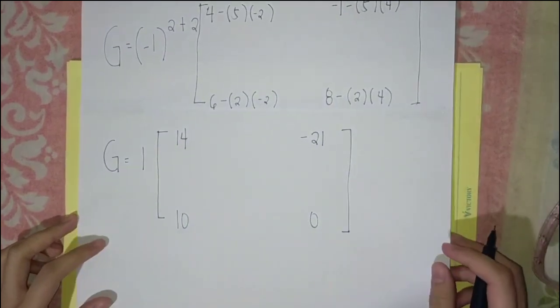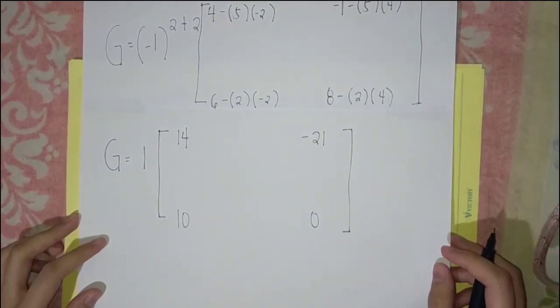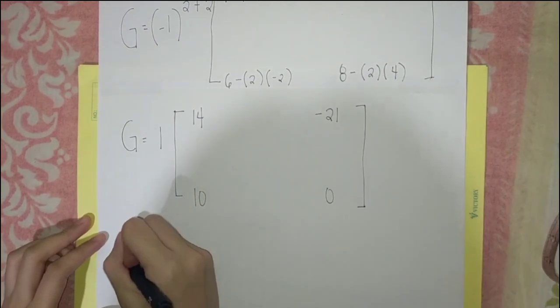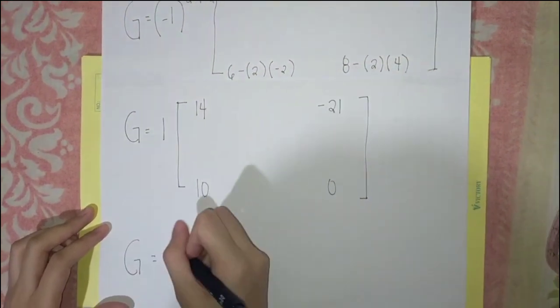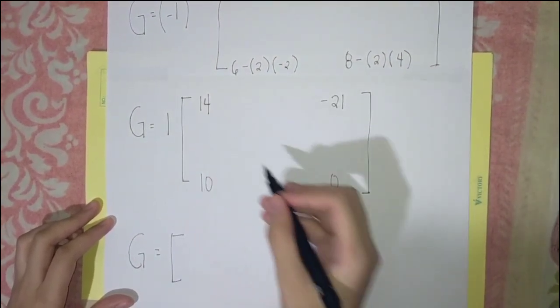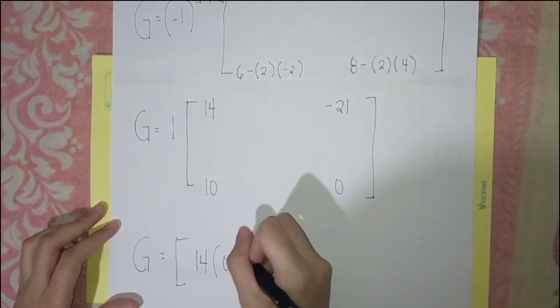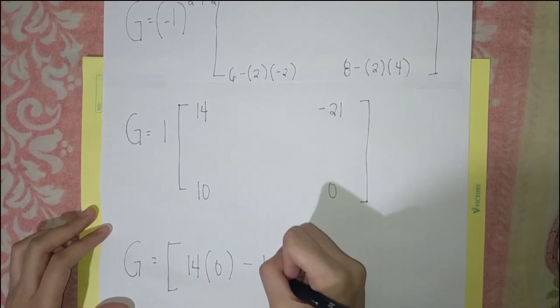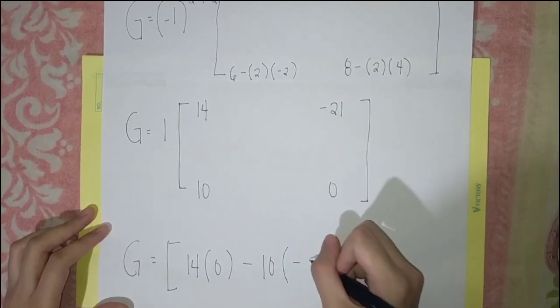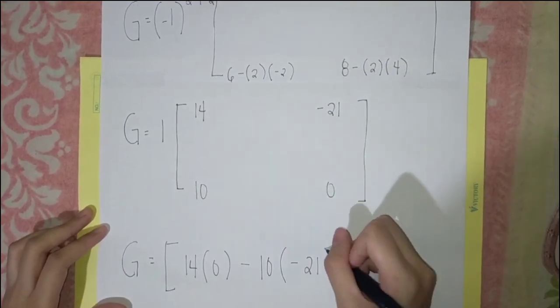Then we will execute the upward and downward diagonals: 14 times 0 minus 10 times negative 21.